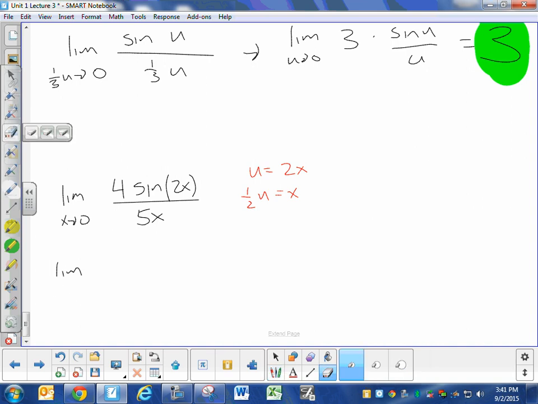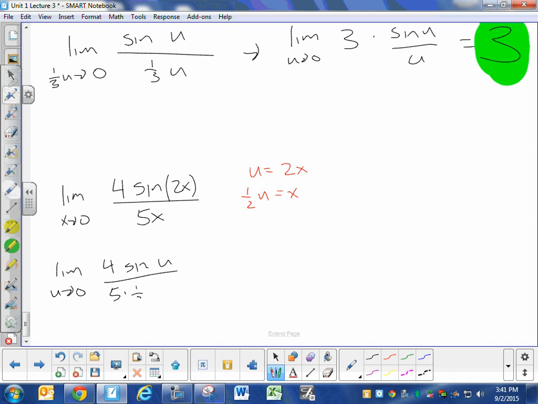It's really 1/2 u, but I'm just going to say it's u because it's the same. 4 sine u over 5 times 1/2 u. Well, that's 4 over 5/2, which is the same as 8 over 5 times sine u over u. What's my answer? This is 1. This is just 8/5.